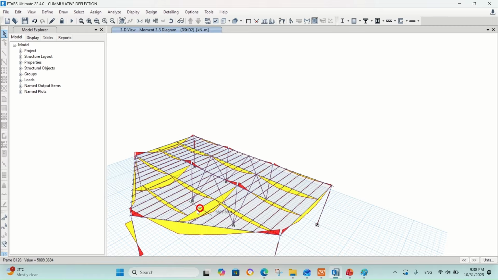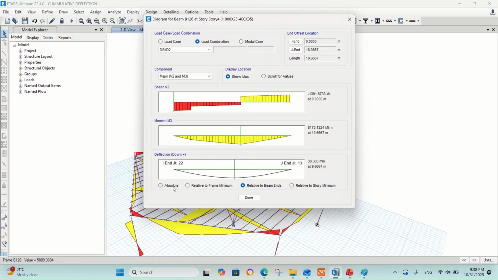So what about the third number, which is the absolute? The absolute is the highest deflection for the beam in relation to the undeflected shape, taking into account all cumulative deflection values.